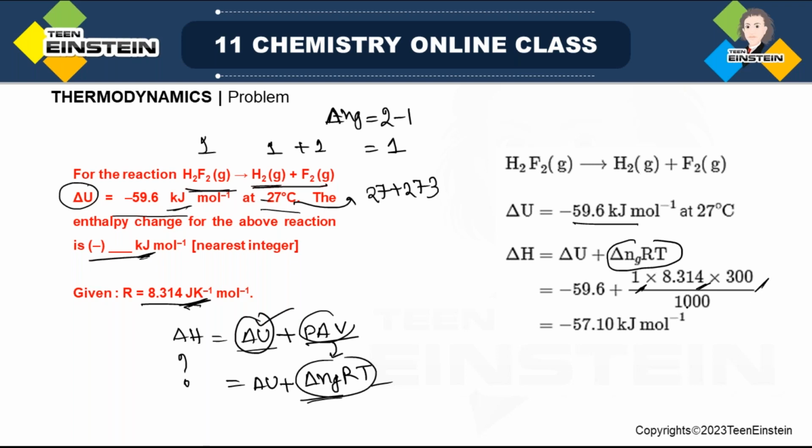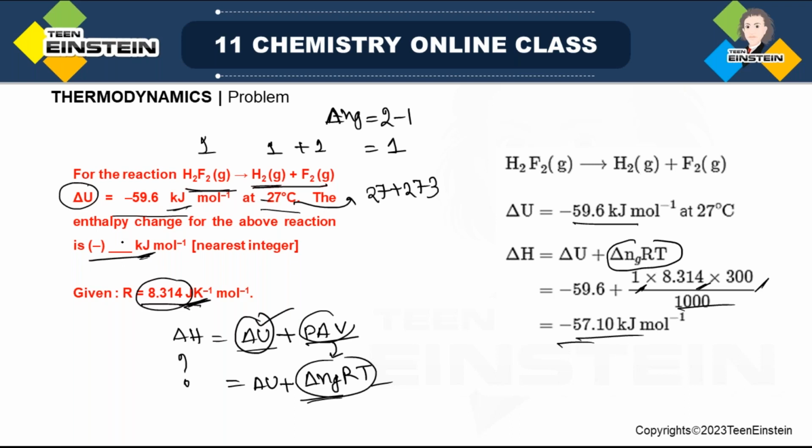You are putting temperature, so this joule you have to convert to kilojoule, so that is why it is divided by 1000. Okay, and finally after putting all these values, del U, del Ng, RT, we are getting minus 57.1.